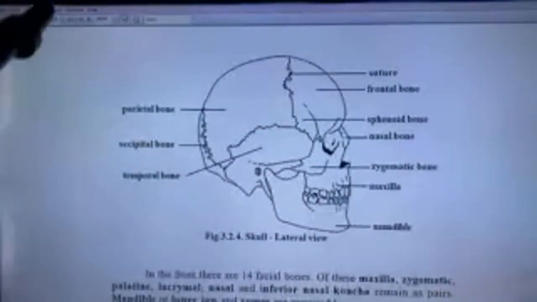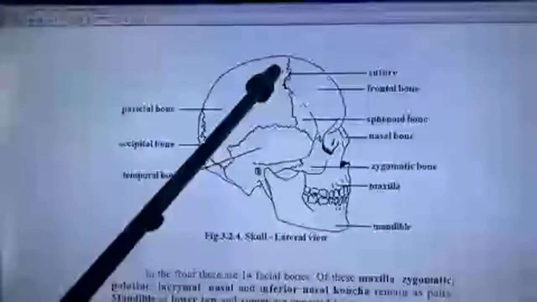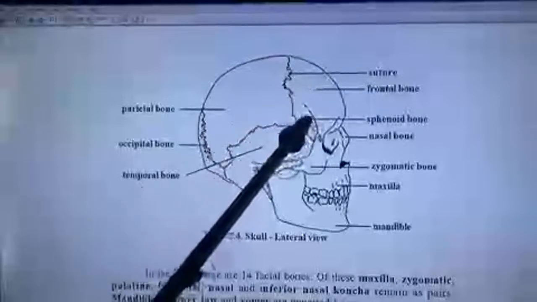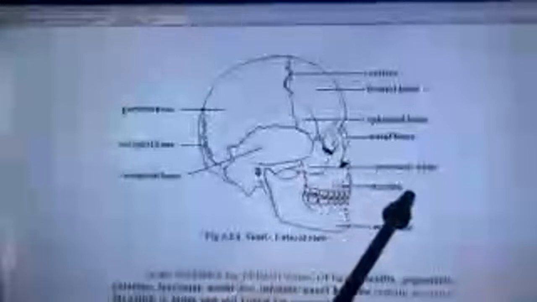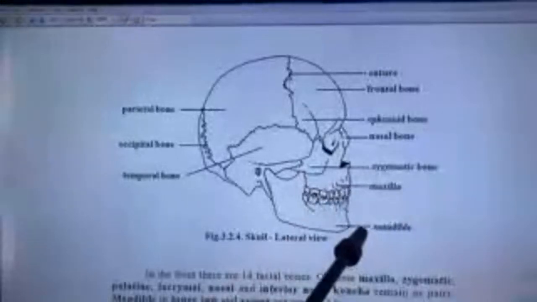Skull lateral view: parietal bone, occipital bone, temporal bone, suture, frontal bone, sphenoid bone, nasal bone, zygomatic bone, maxilla, mandible.